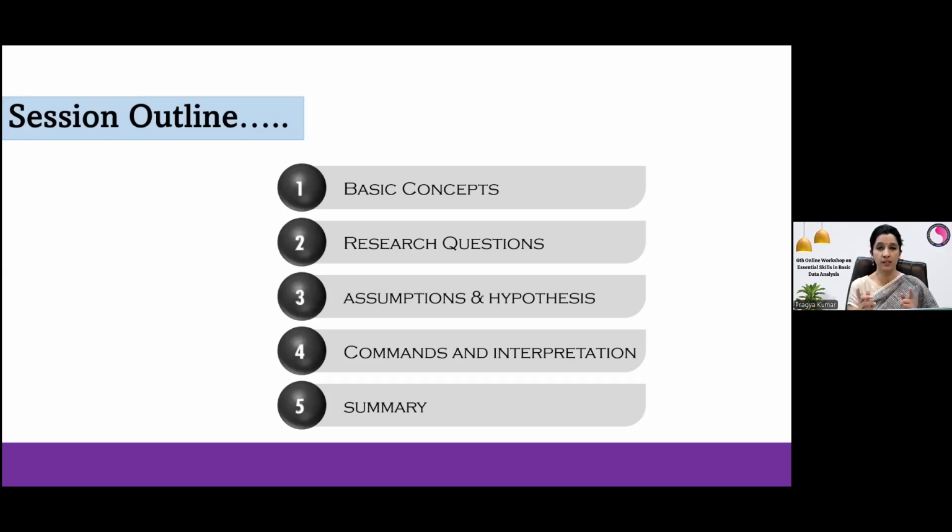From now onwards, we will always talk of assumptions, because testing those assumptions is very important before you proceed to apply any test. Then only your interpretation will make some sense. And then what the commands are, how to interpret them, and then I'll summarize those commands at the end.